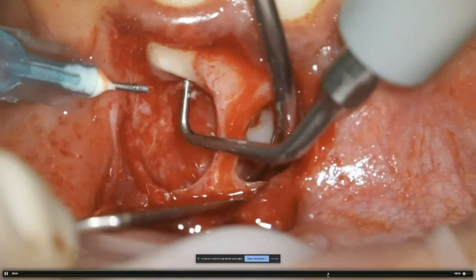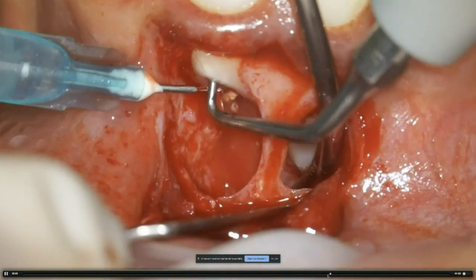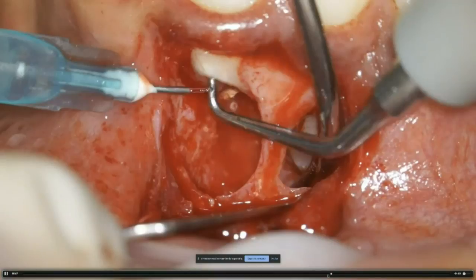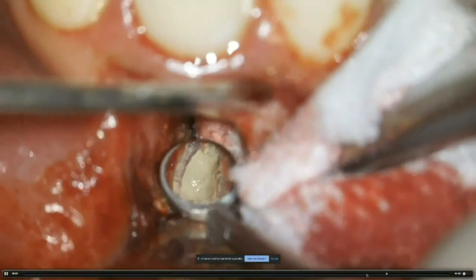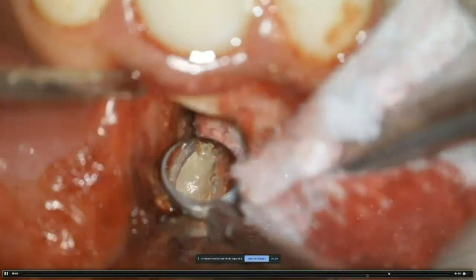Then I went here with ultrasonic micro tips.